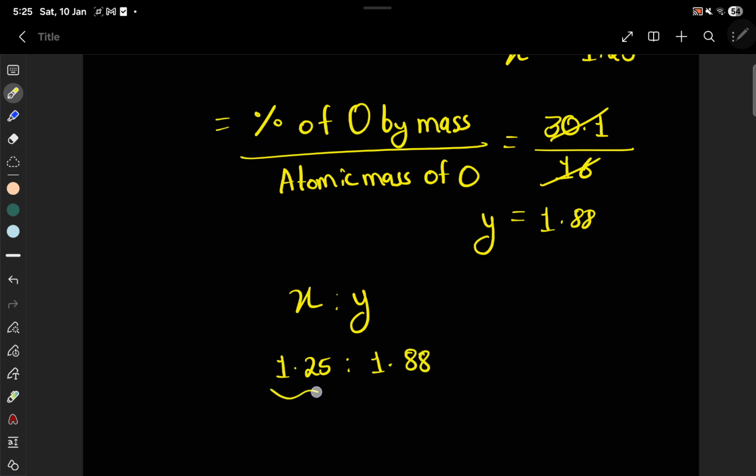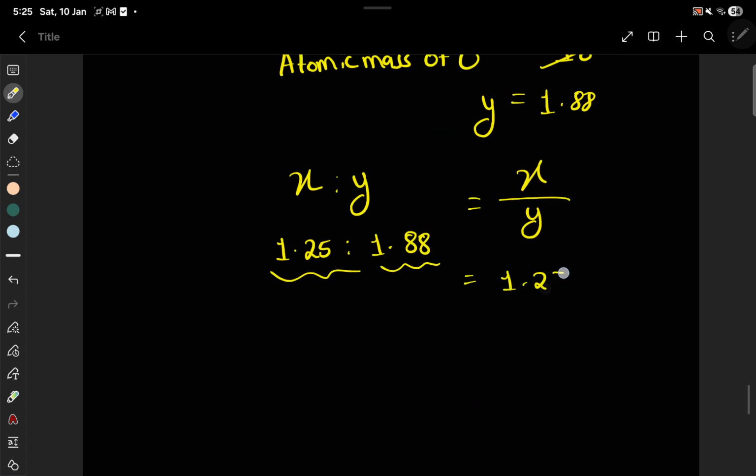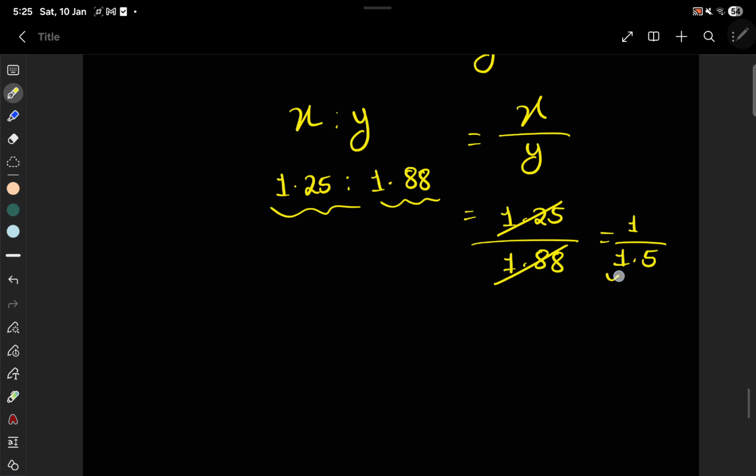We cannot put these values as they are in decimal, so we are simply going to simplify them. X divided by y is 1.25 divided by 1.88. If I simplify them, I get 1 divided by 1.5. We can still see a decimal value here, so we can write it as 2 divided by 3.